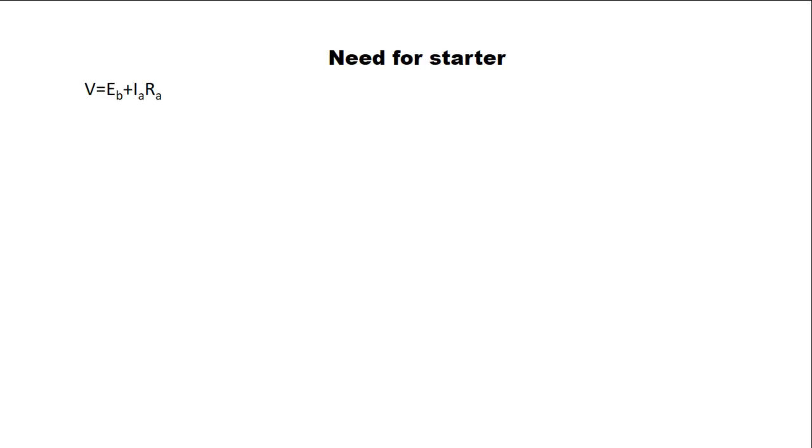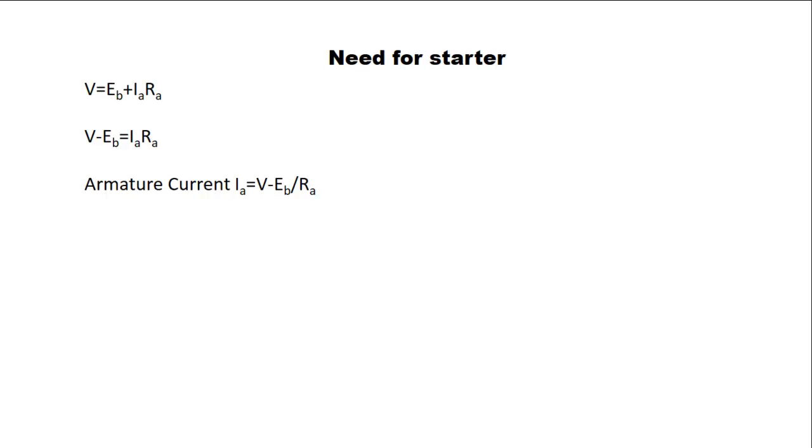Since now we are concerned with the equation for the armature current, let us rearrange this equation. Let us bring the back EMF into the left hand side. So the equation becomes V minus EB equal to IaRa. From this, the expression for armature current is given by V minus EB by Ra.